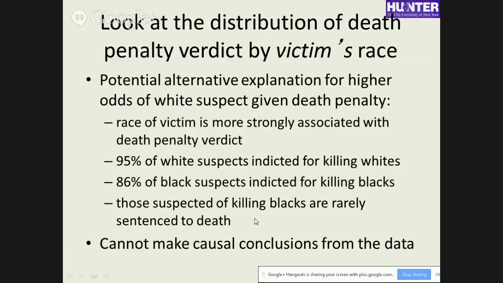So if victim's race is a causal factor, it is possible that defendant's race is simply an association with victim's race, but we of course can't make causal conclusions on the basis of these data.